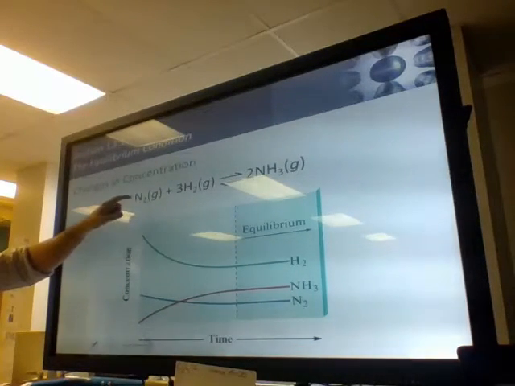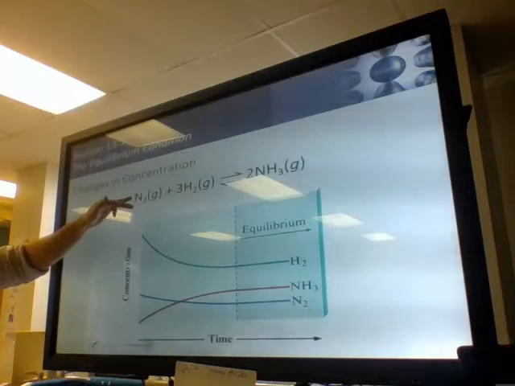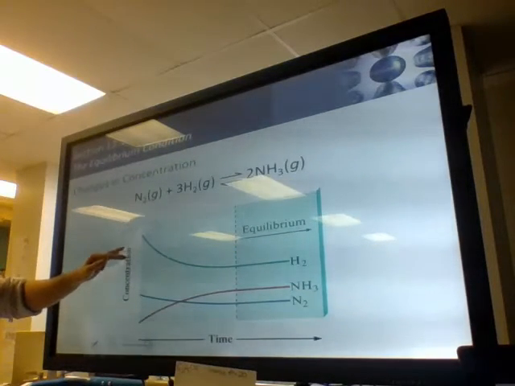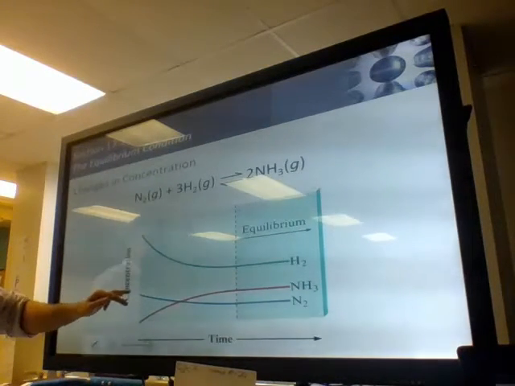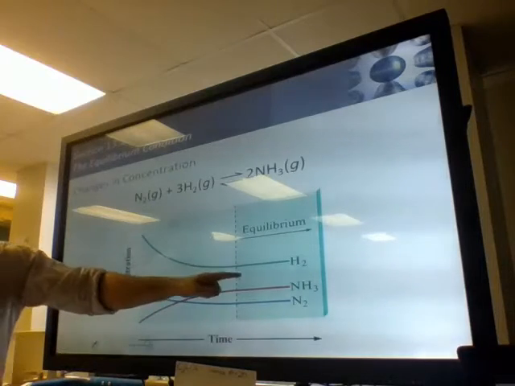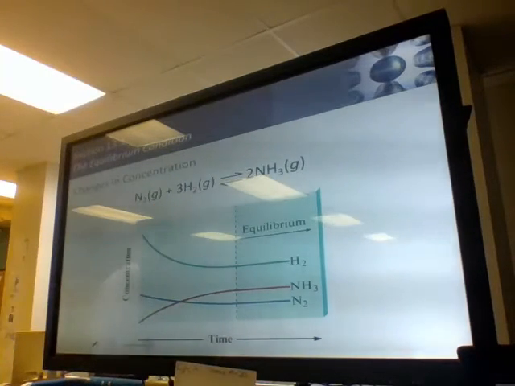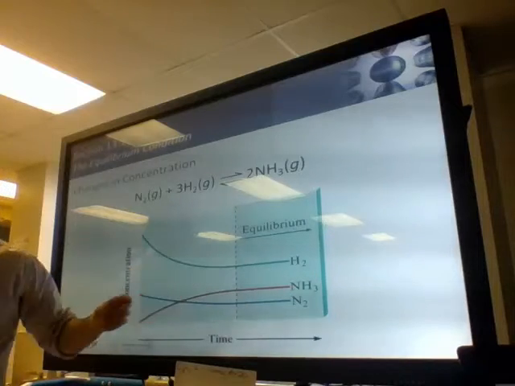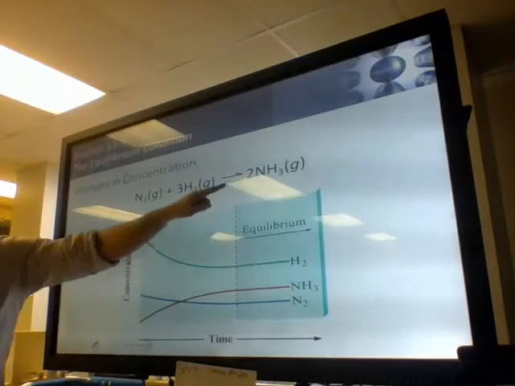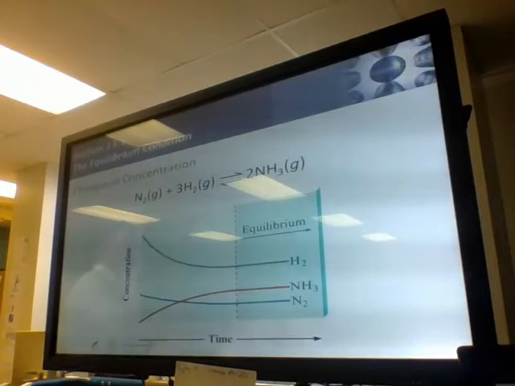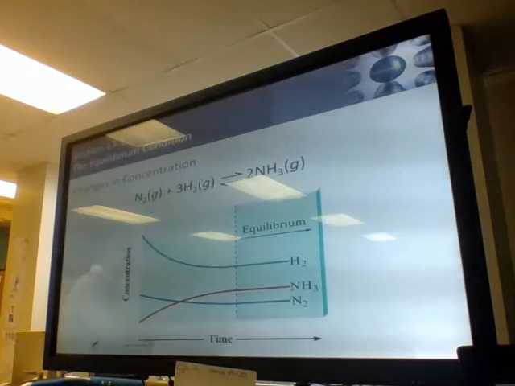Initially all you have is nitrogen and hydrogen, so the concentration of hydrogen and nitrogen go down while the concentration of NH3 goes up, but these never reach zero because NH3 is constantly going back to form nitrogen and hydrogen gas.